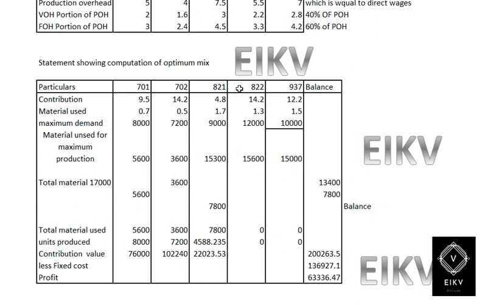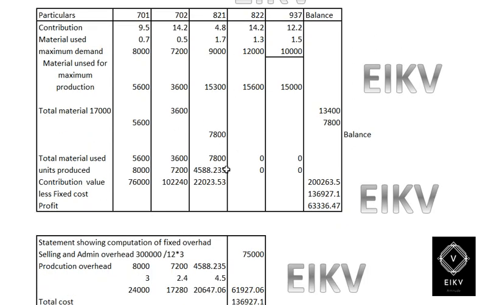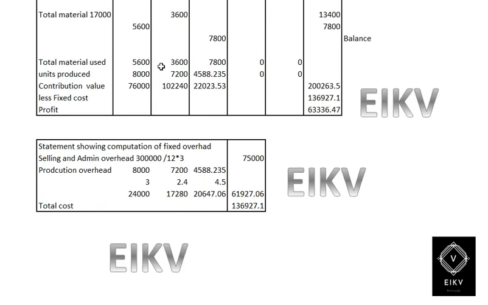Third rank is for 821. The total material required is 15,300, but we have only a balance of 7,800. So such amount should be allotted to product 821. Therefore, the optimum mix of total material used shall be allocated as 5,600, 3,600 and 7,800.